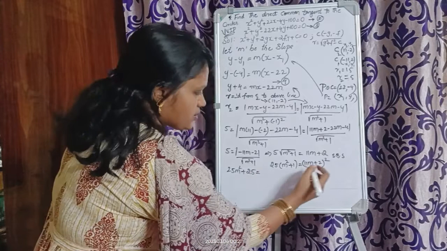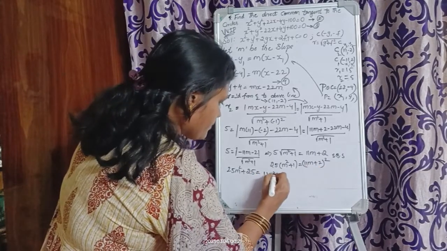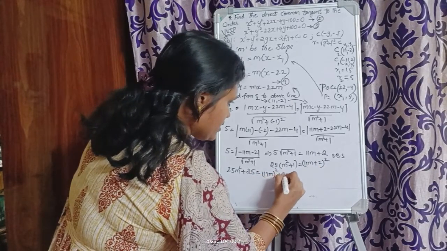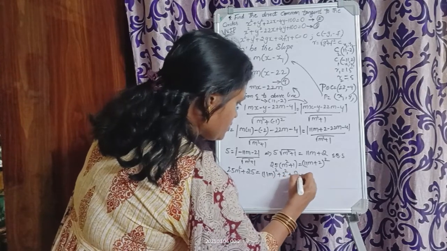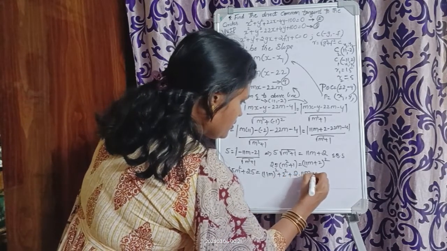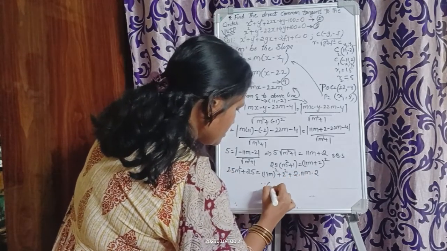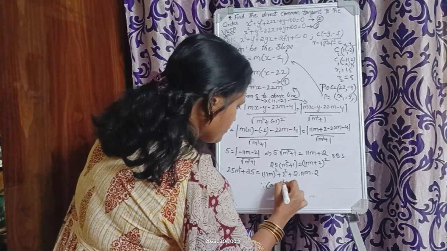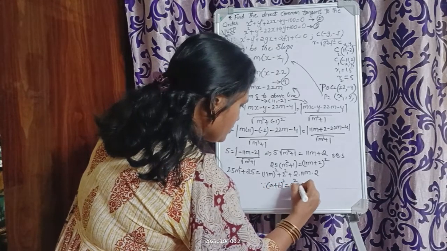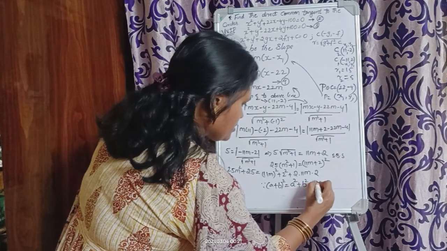This is a square plus b square plus 2ab, because it is the a plus b whole square formula.